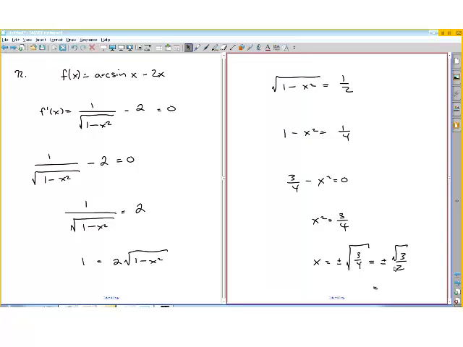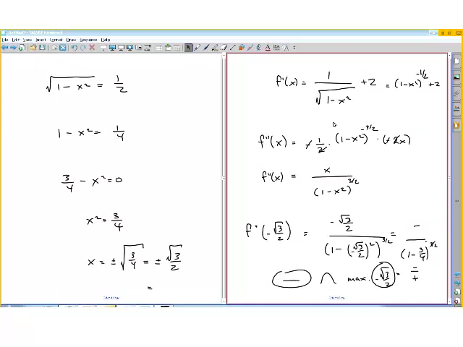So then the question was, were these minimums or maximums? We used a second derivative test. Setting the first derivative expression to 0 finds the critical numbers. When we took the second derivative, we used the chain rule to get this part, and this went to 0. So this was the expression for the second derivative.